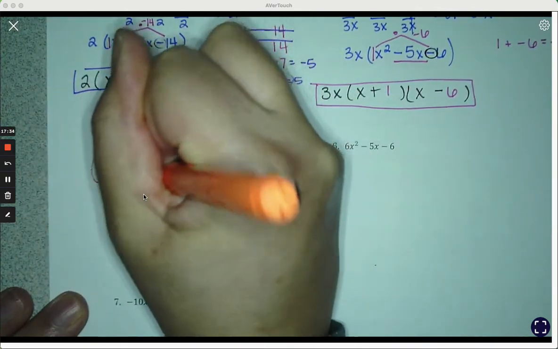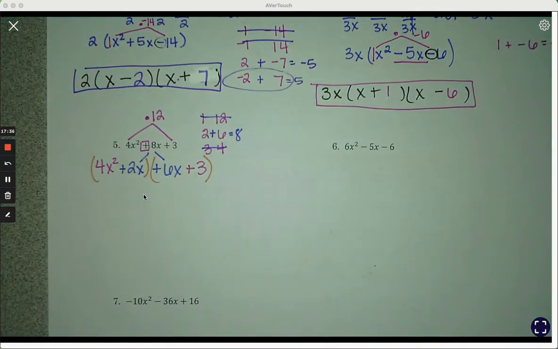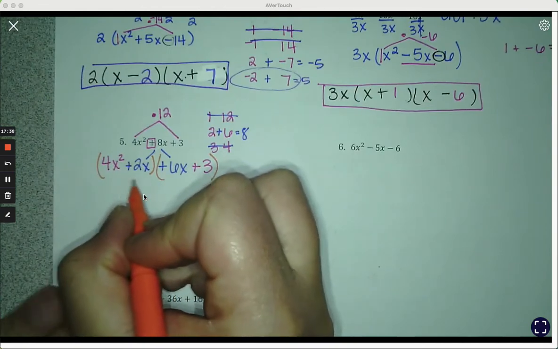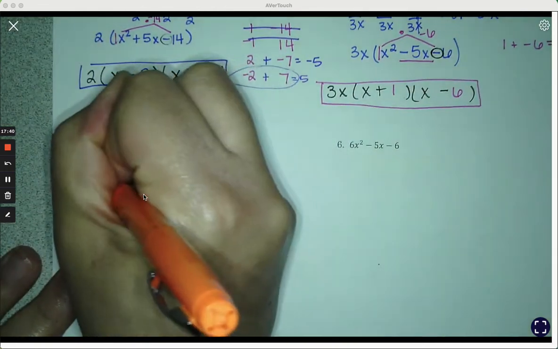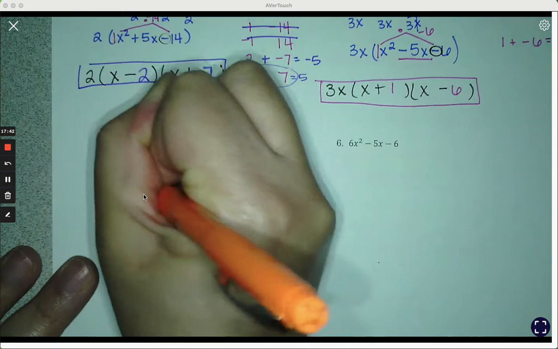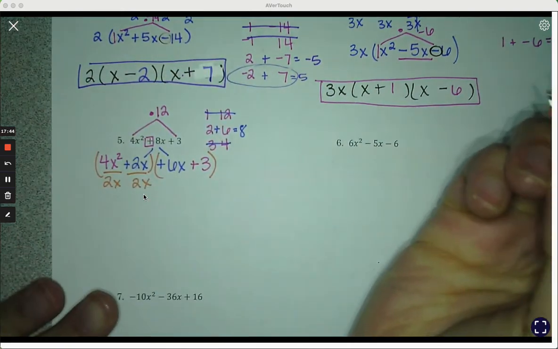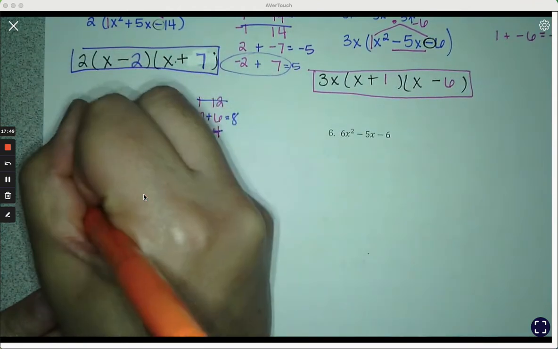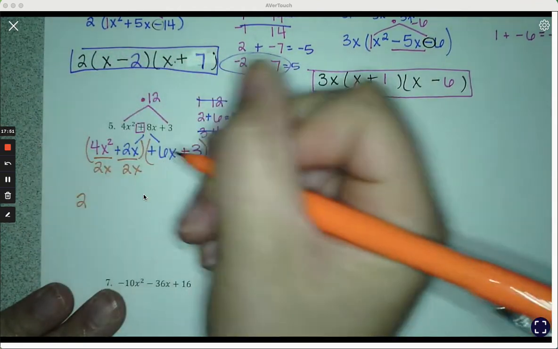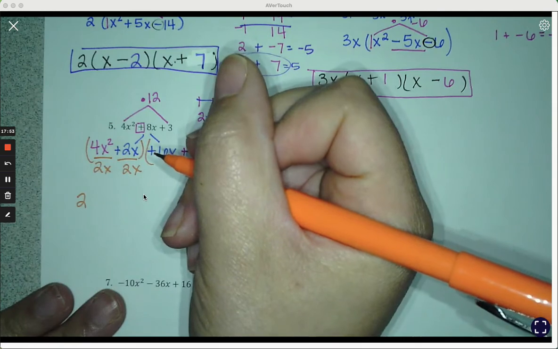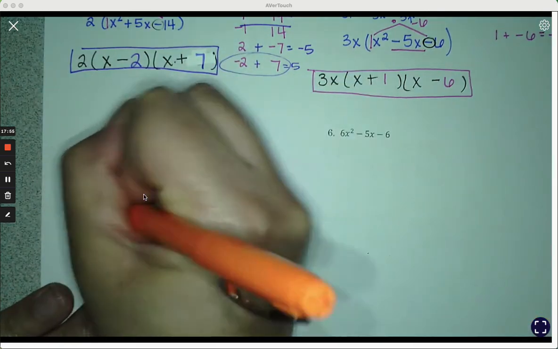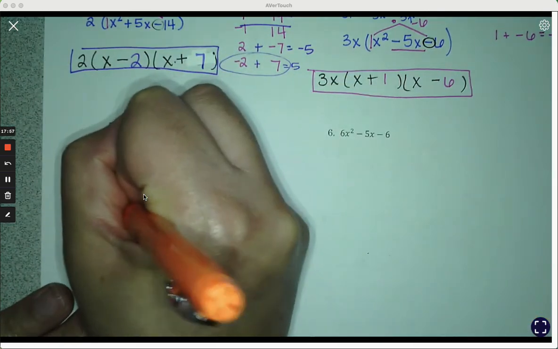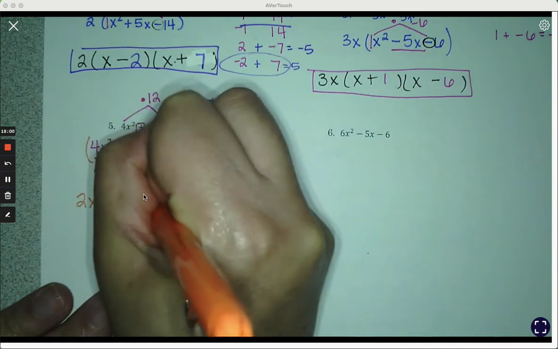Now we're going to factor by grouping. In my first set of parentheses, both of them are divisible by a 2x. 4 divided by 2 is 2, so I get 2x plus 1.